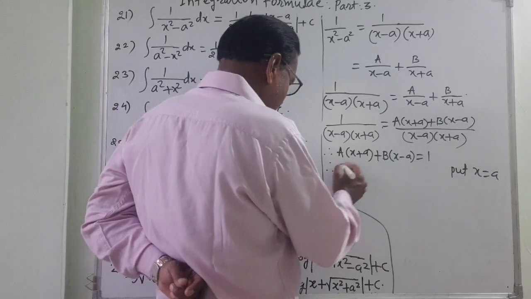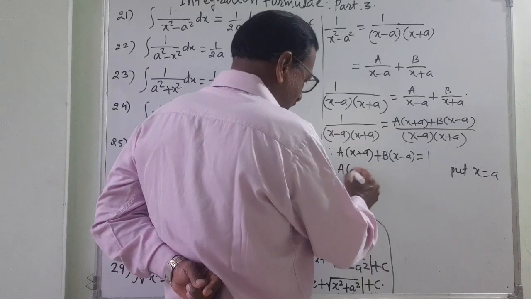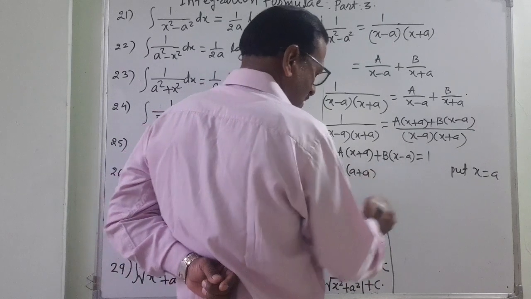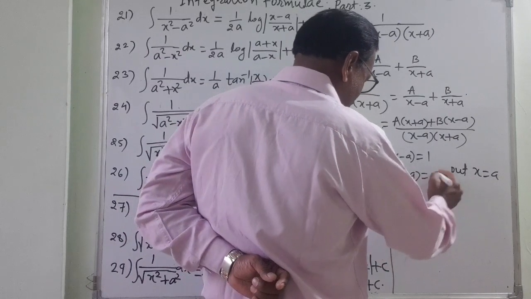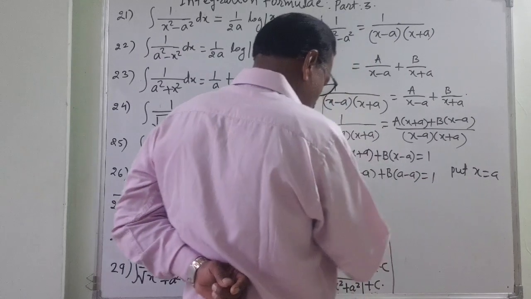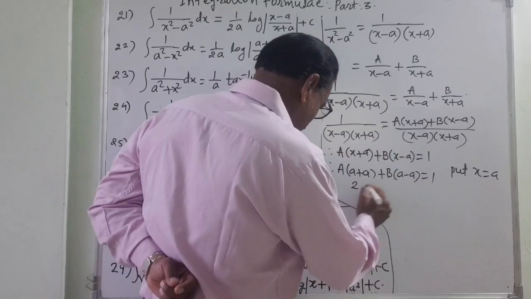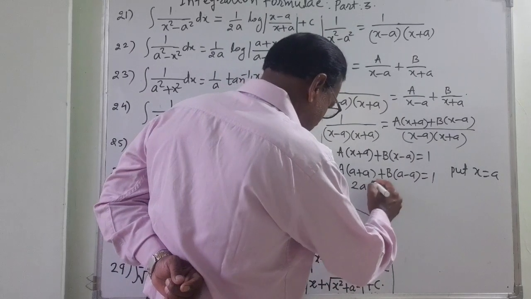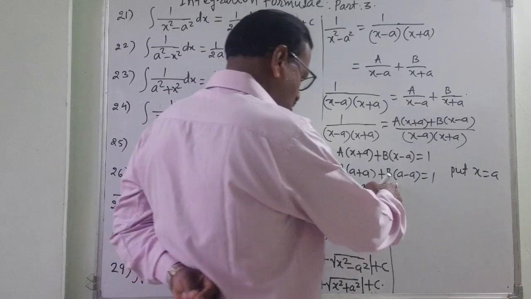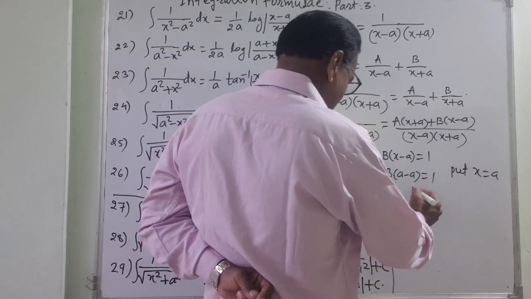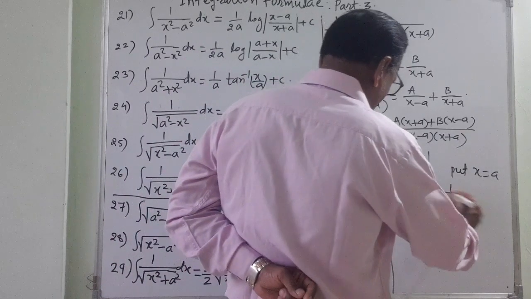So A into (a plus a) plus B into (a minus a) is equal to 1, and this is 2a, this is 0, so 2a A is equal to 1, and therefore A is equal to 1 upon 2a.